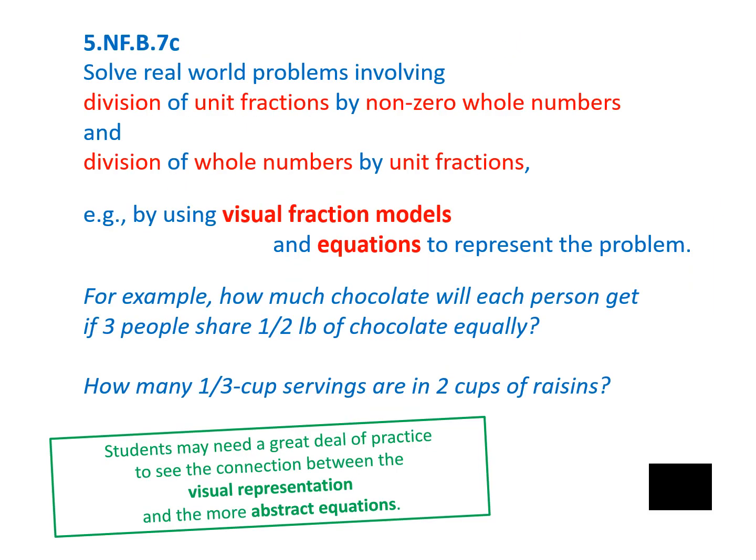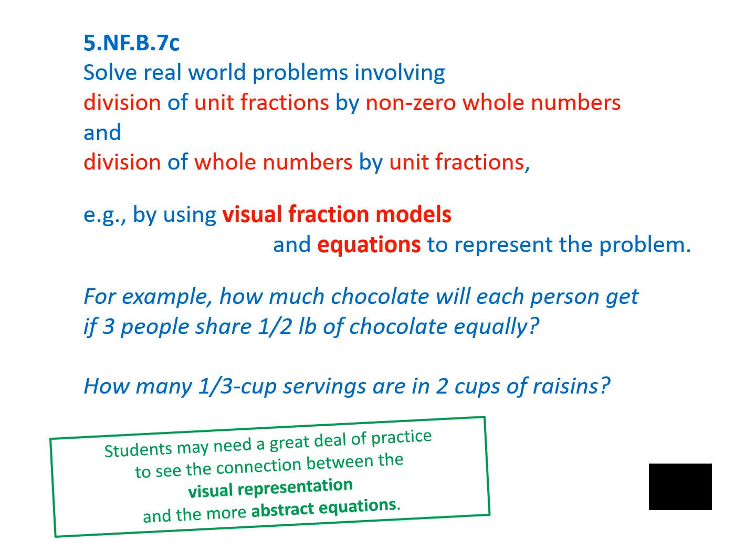The final part of this standard, 7C, and indeed the last standard on fractions in grade 5, asks us to solve real-world problems involving division of unit fractions by non-zero whole numbers and the division of whole numbers by unit fractions, using visual fraction models and equations to represent the problem.